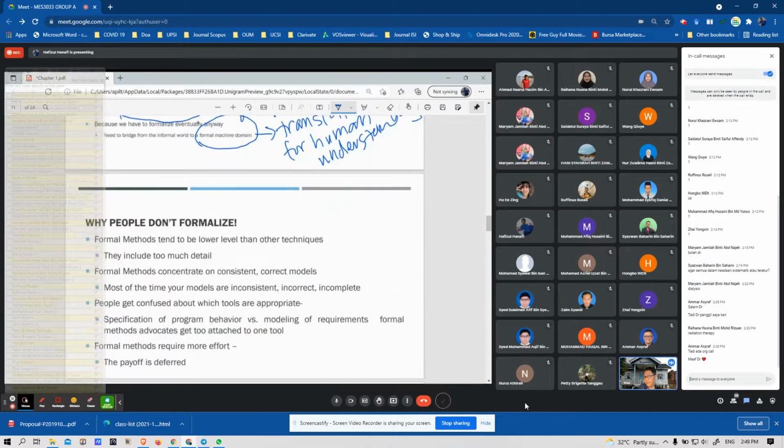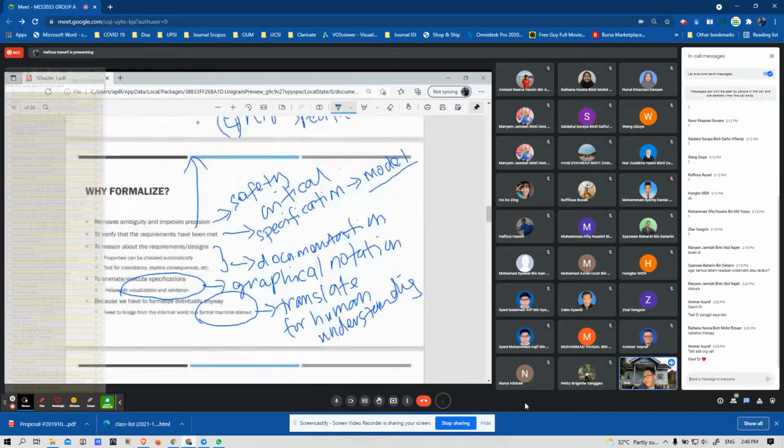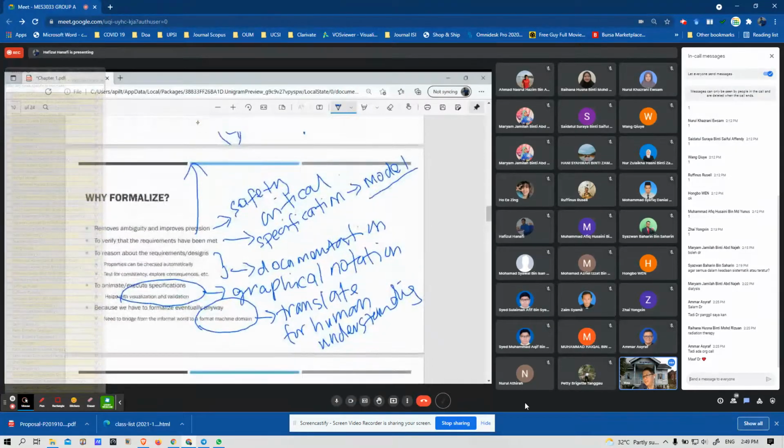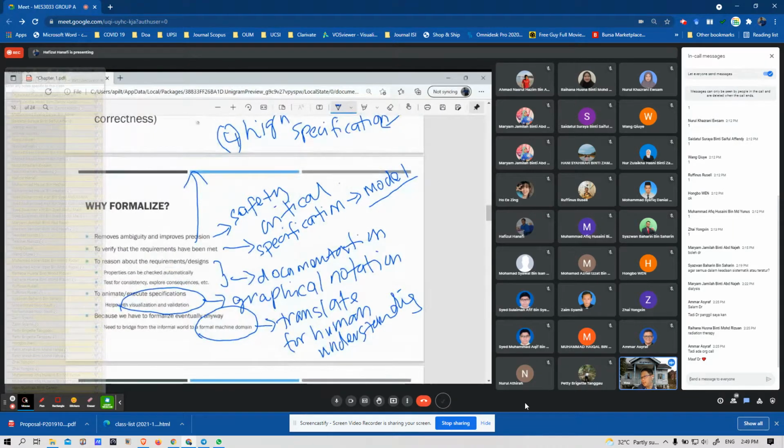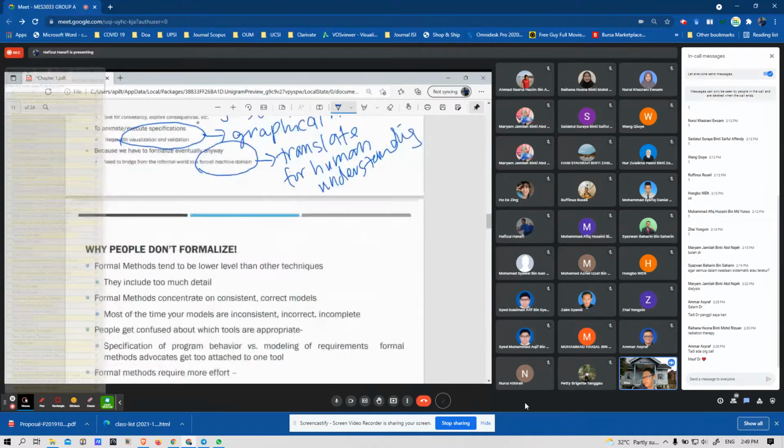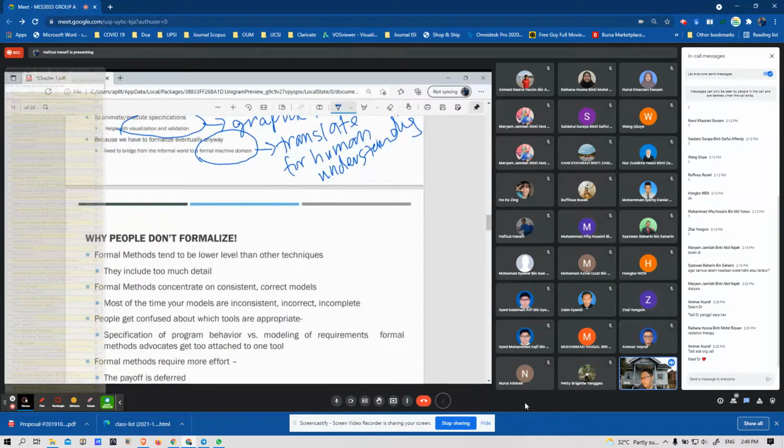Here is formalization. Why must we formalize? This is based upon the discussion of benefits or advantages. Next is why people don't formalize. This is more upon the disadvantages.